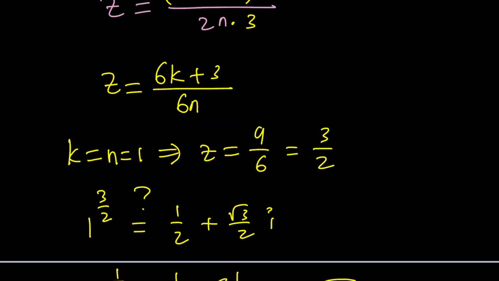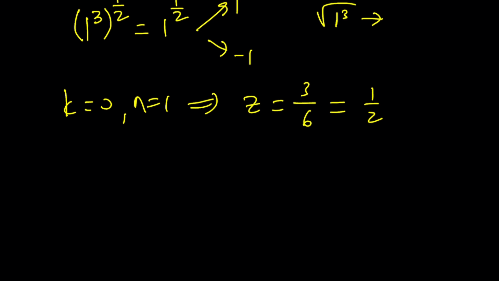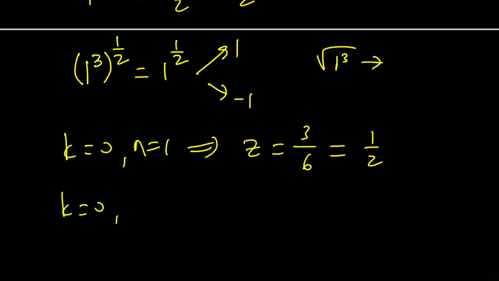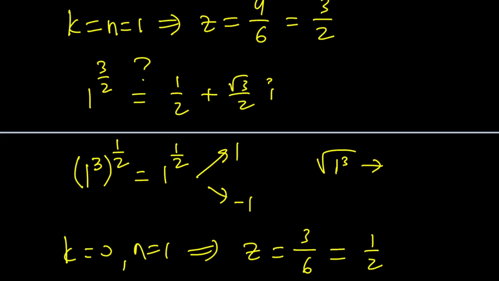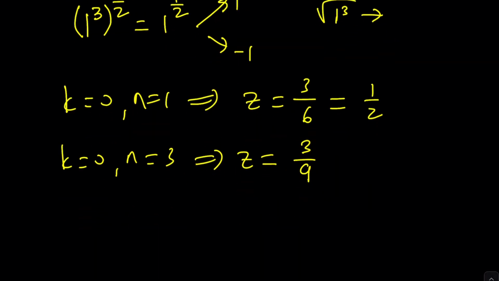Maybe I can use n equals 3, and that should work. You know why? Okay, I'll tell you. If I use n equals 3 and k equals 0, of course, then I should be getting z equals 3 over 18, sorry about that, and that should be 1 over 6.